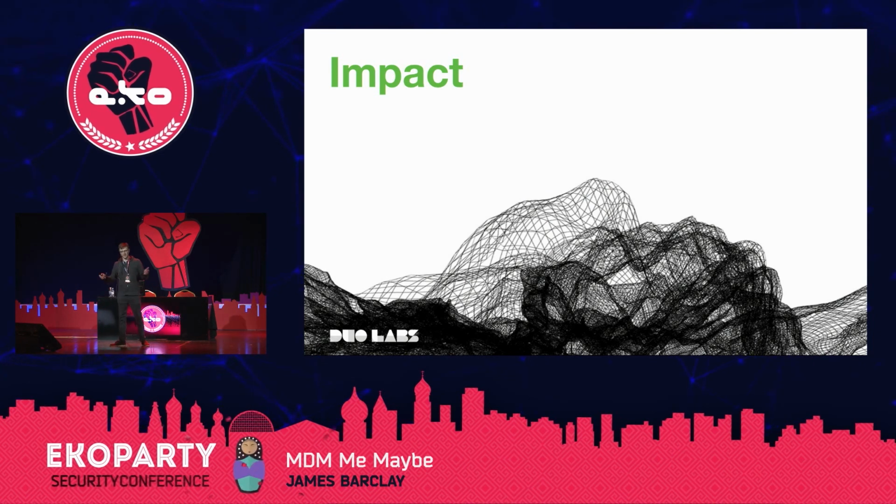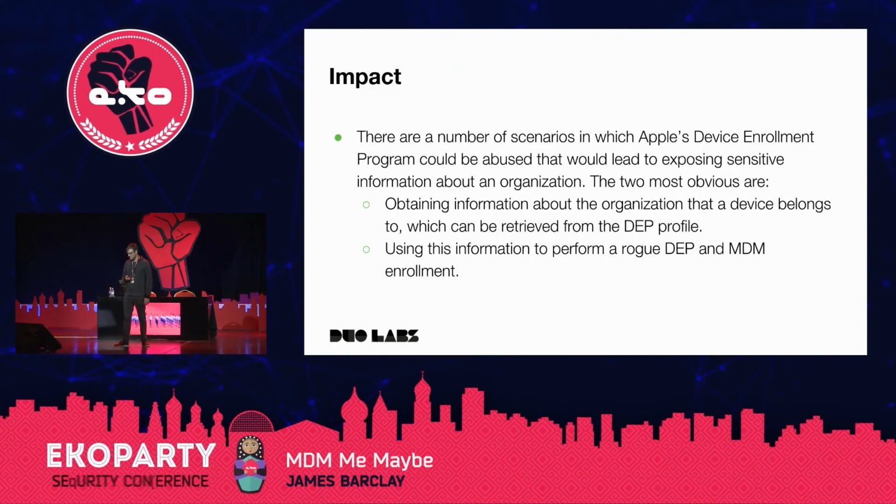So next I'm going to talk about the impact of some of this research. We basically see two scenarios where this could be leveraged by an attacker to expose sensitive information about an organization. Initially, just obtaining the DEP activation record could allow an attacker to build up a data set or expose information about the organization that owns a particular device.